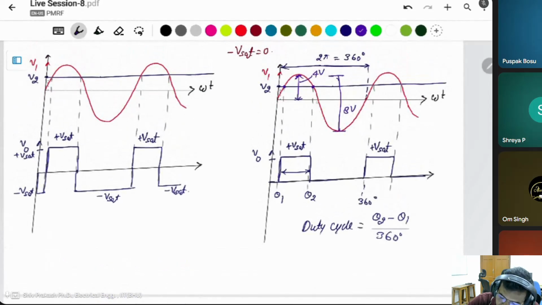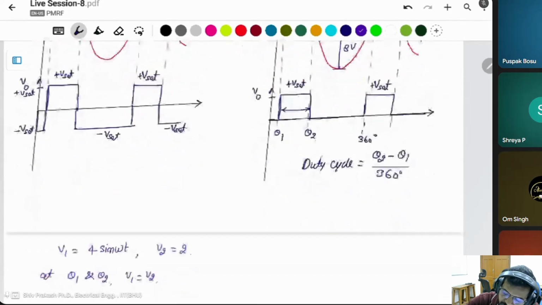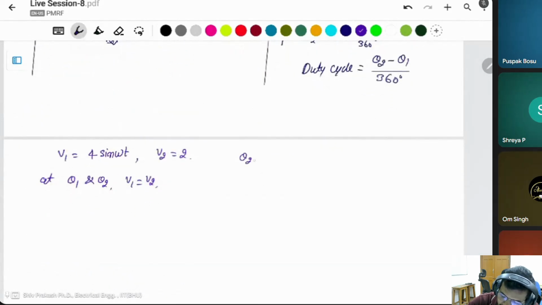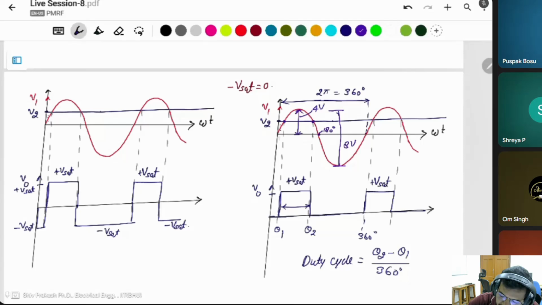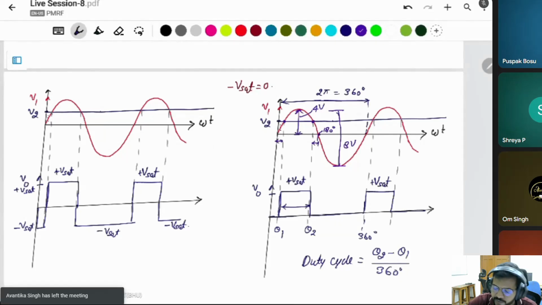For theta 2, simply this is 180 degree, so 180 minus theta is theta 2. Simply, theta 2 is equal to 180 degree minus theta 2. Sorry, theta 1. It means this angle is the same as this angle.